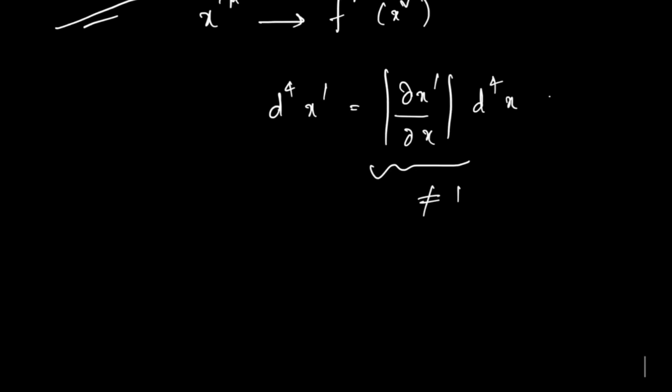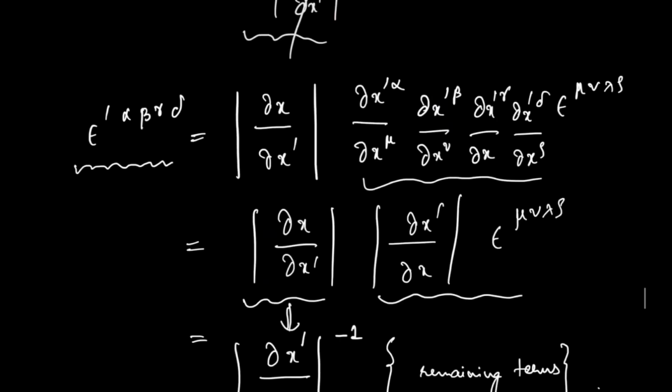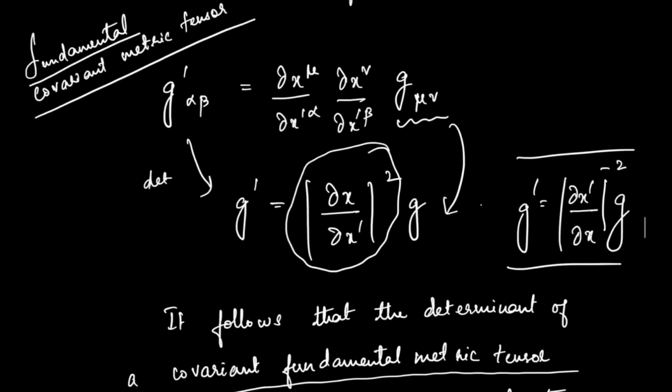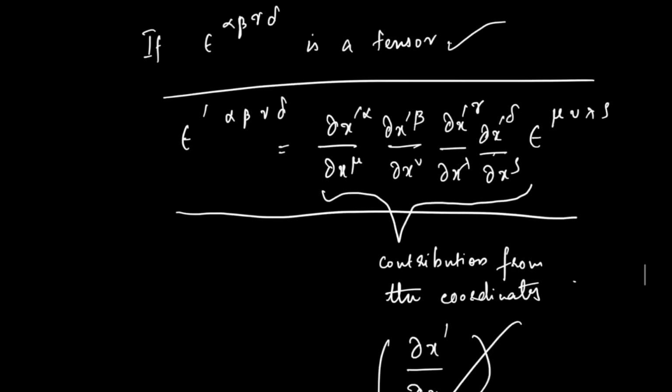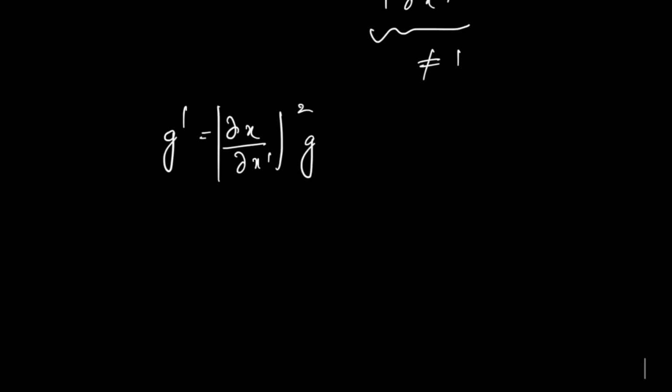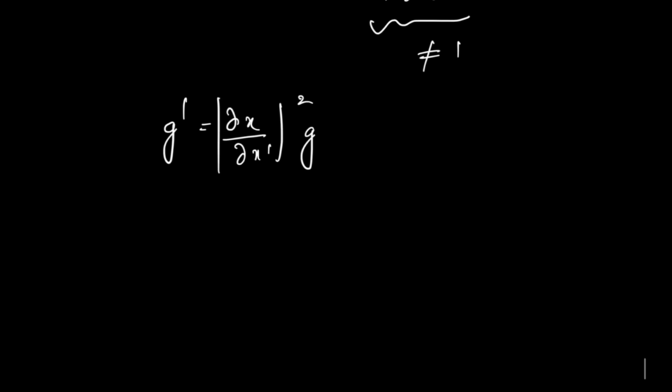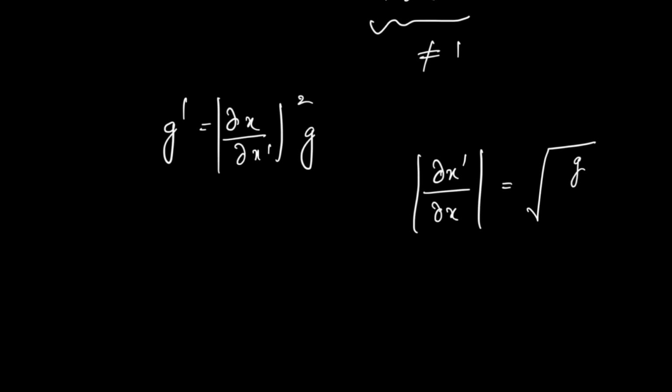Now we have seen that the covariant g_μν, so g' is equal to the square of the partial derivative times g, right? This we have just now proved here. Now rearranging, I can write the determinant of the partial derivative of x' by the partial derivative of x as root of g by g'.